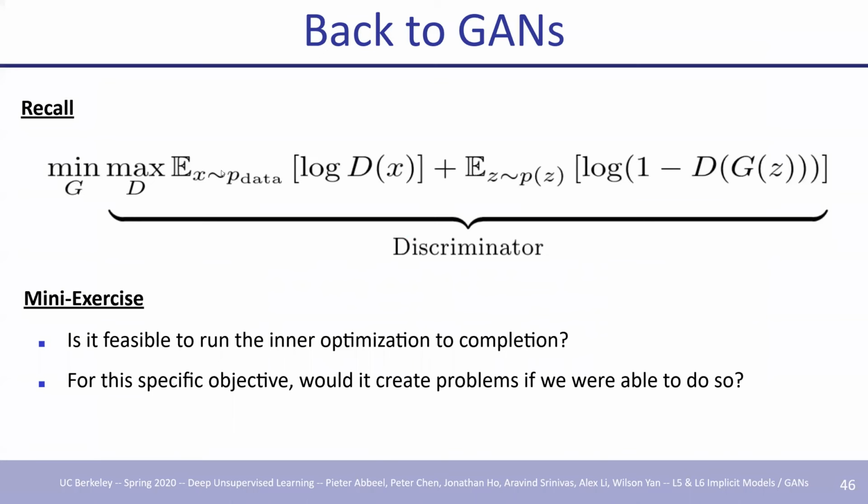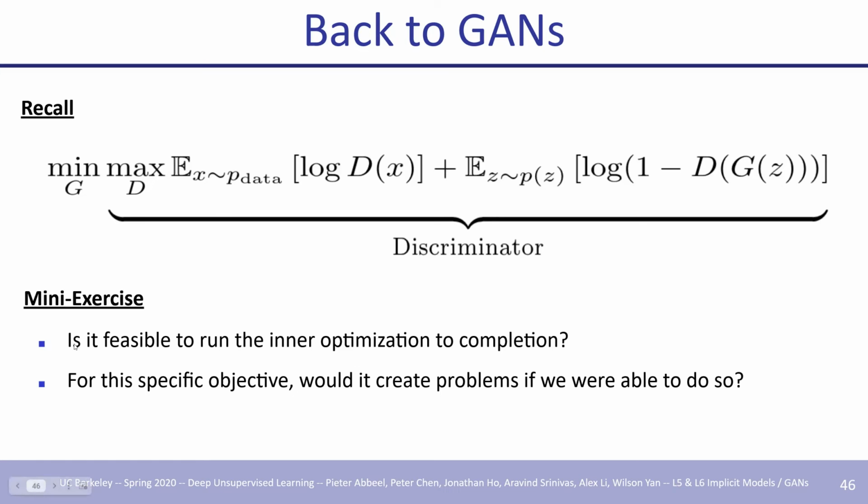Okay. Let me go back to GANs. Sorry. Okay. So yeah, this is just the discriminator part, right? So in the first step, only the discriminator is updated.